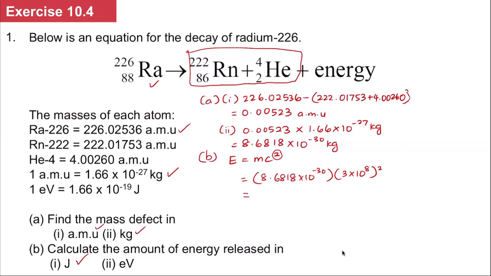Now, what is the total? How much total did you get? 7 point.